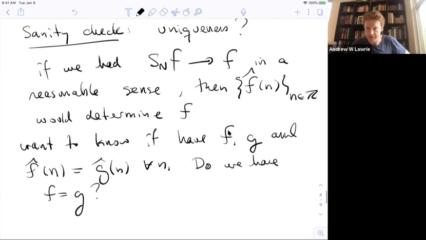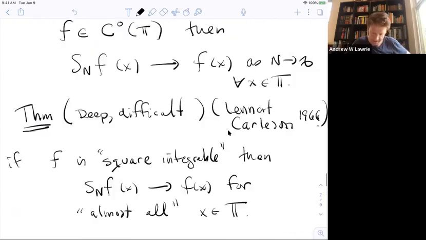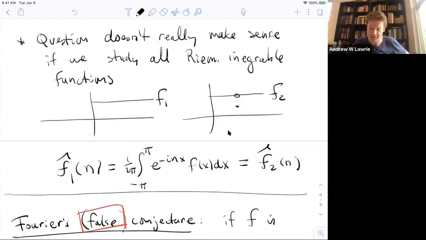And of course, you may object that a few seconds ago I showed you an example where this fails. For these two functions, they have the same Fourier coefficients, but are different functions.